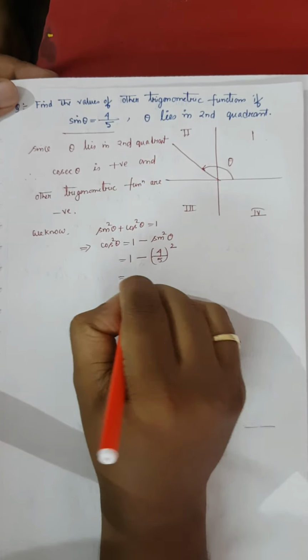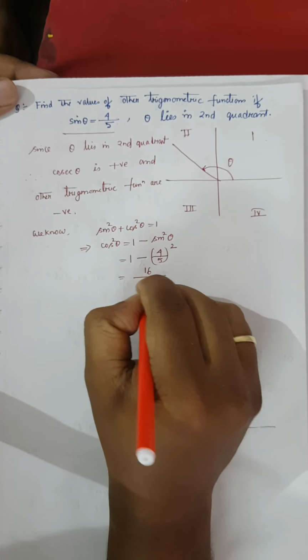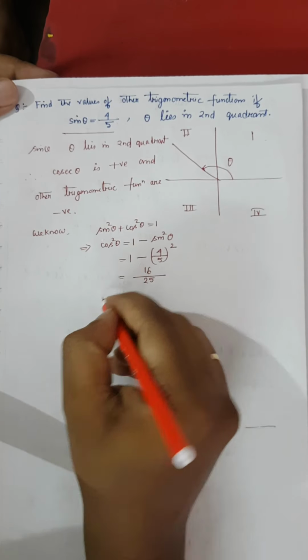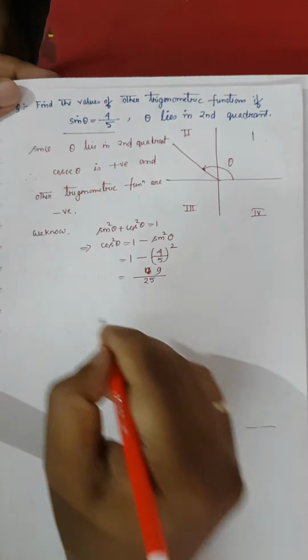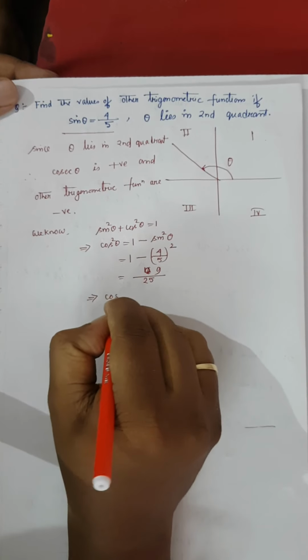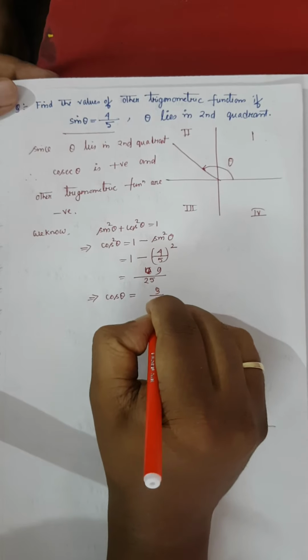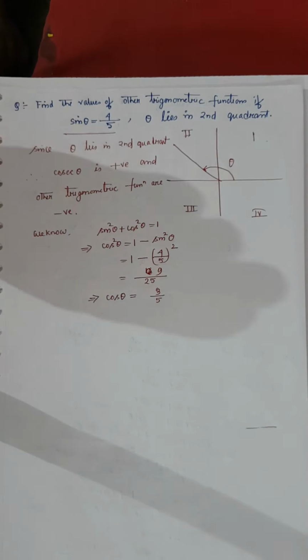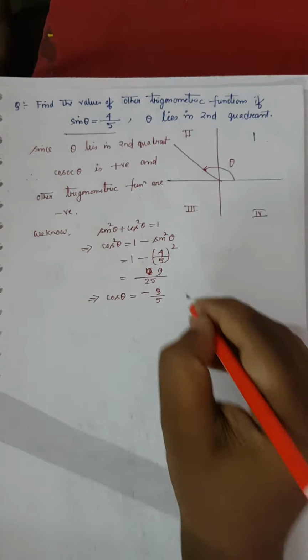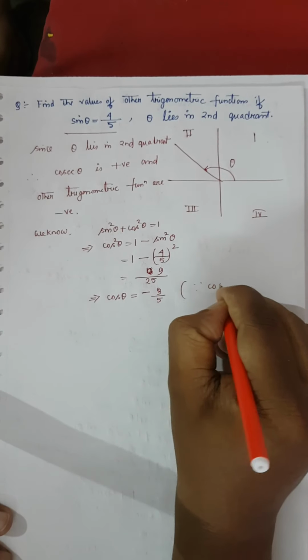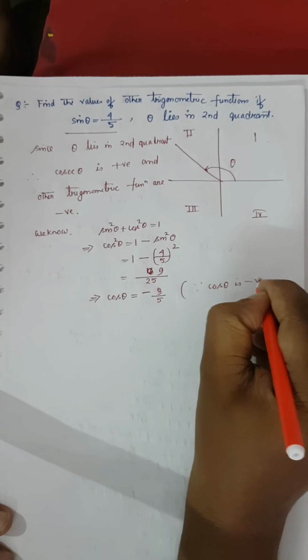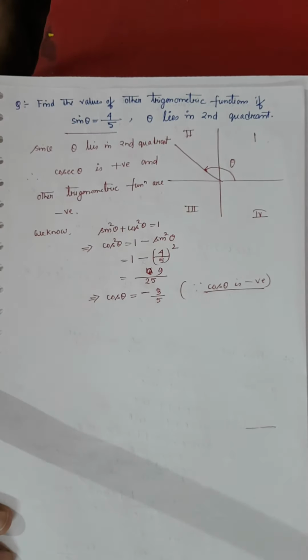After taking LCM, I will get 16 by 25. So 9 by 25. So your cos theta will be equal to plus minus 3 by 5. But we know the value of cos theta is negative, as cos theta is negative in second quadrant.